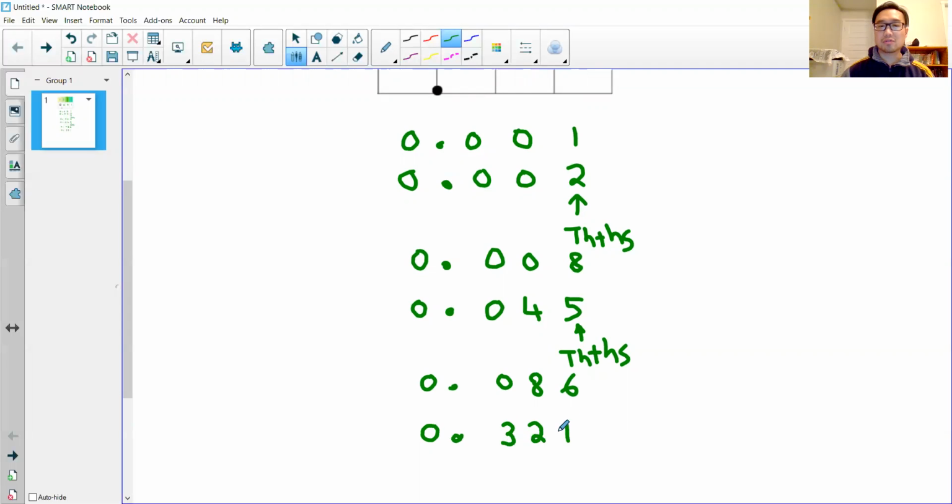Well, 3, 2, and 1, when you look at this together, this number, you would say it as 321. So when you look at this, you're going to think 321, but 321 what? Well, we look at our last digit, and the last digit is in the thousandths place value. So we would call this 321 thousandths.